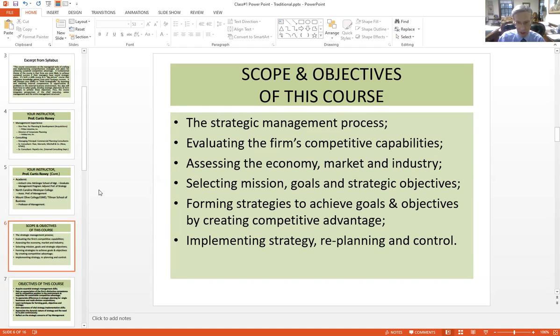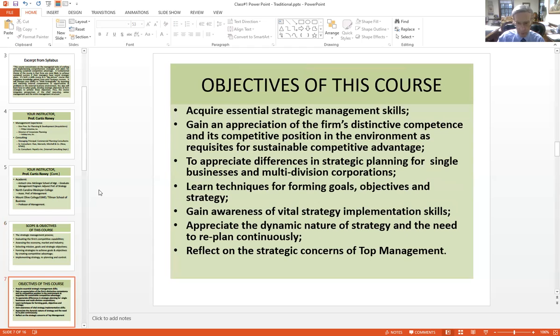They keep on going, and so the horizon of strategic plans almost invariably will go beyond the current year or the next year and reach out 3 to 5 years, which makes it a little more interesting because more can happen in that period of time to influence the firm's performance potential. So what does this course do for you?